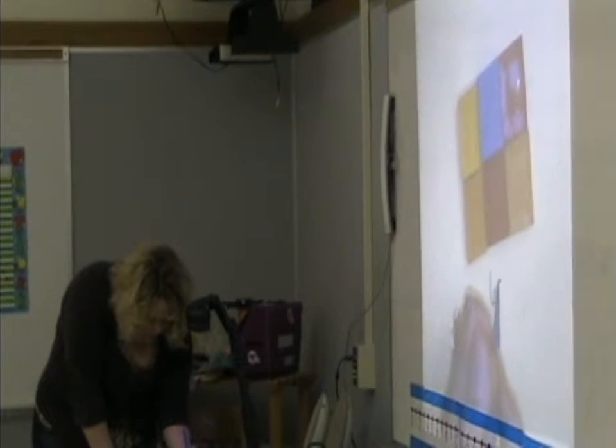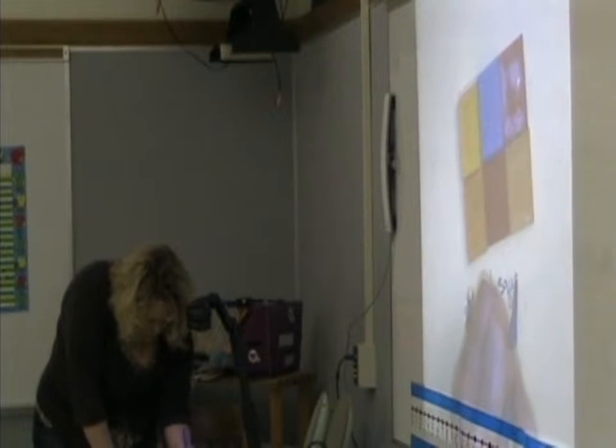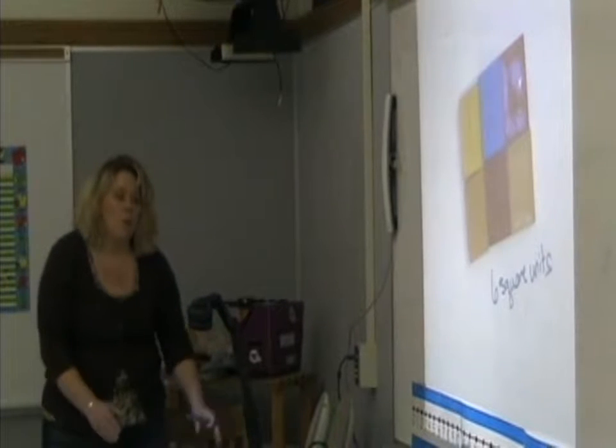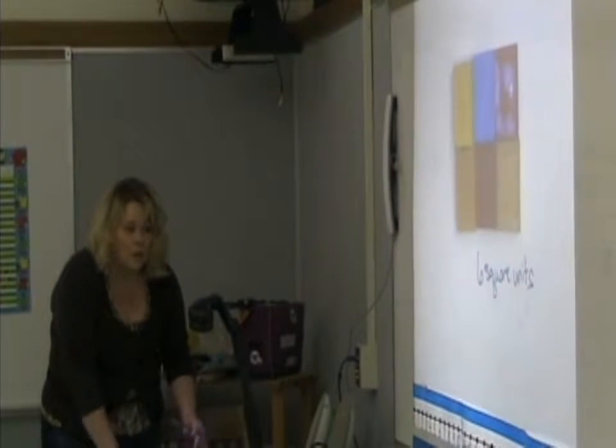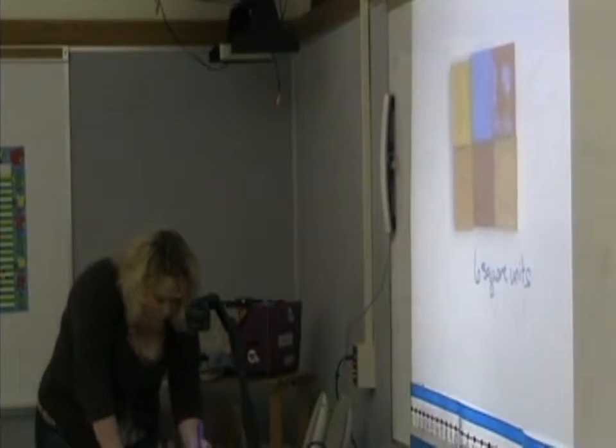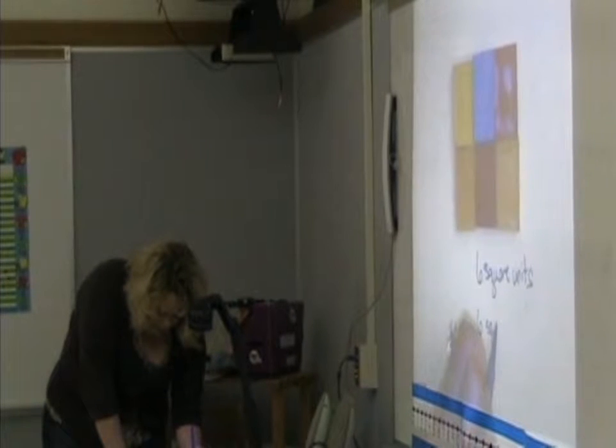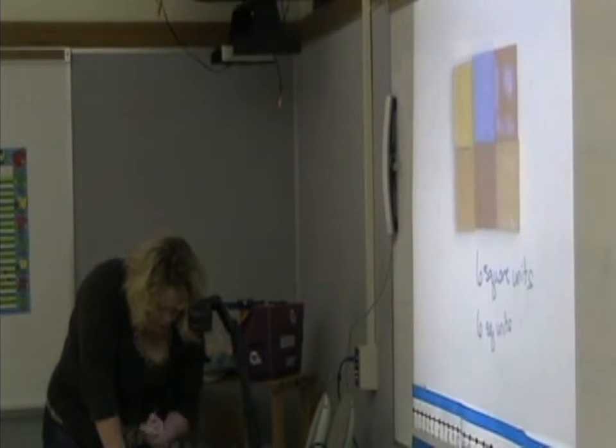Now I can write square units using the whole word, square units, okay? Or I can write 6 and abbreviate with an S and a Q, and then write units.